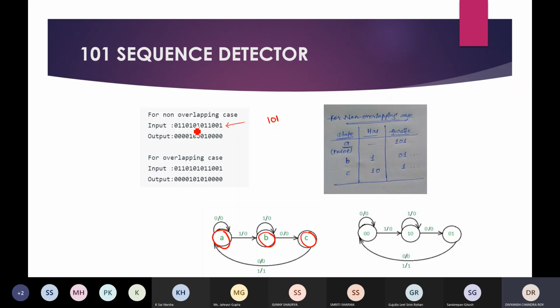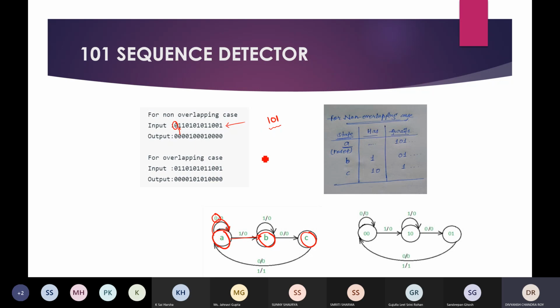If my input is 0, that is not part of my string 101, so I will stay at the same state. If I get 1 as input, this can be part of our sequence 101, so we simply move to the next state.